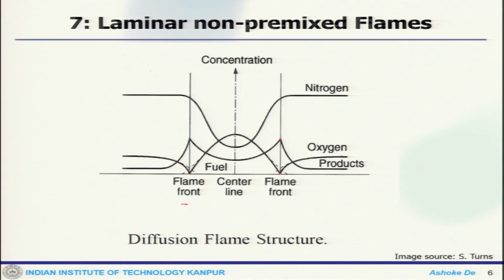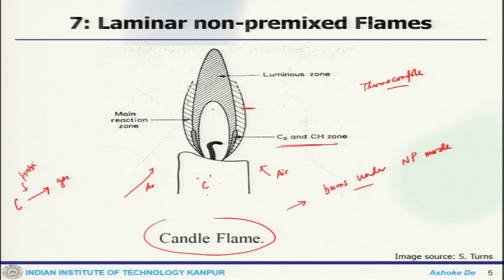Oxygen will be completely consumed, fuel would be completely consumed, and in between, along the central line, fuel is varying, product is also varying, and oxygen is also varying. The nitrogen variation is also shown there. So, typically, this is what happens, basically these are the areas that we see there.